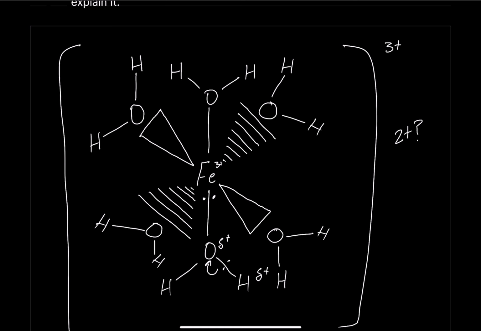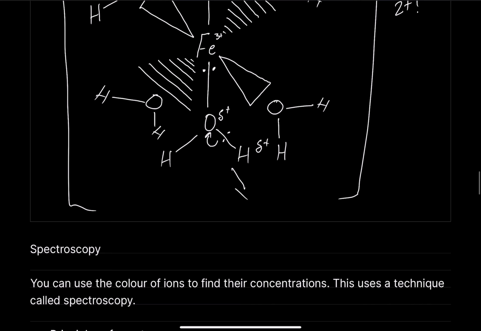And now this acts as a leaving group. So now this bond is broken, and you've formed an H+ in solution. And that would have just been now an OH- bond. It's now more negative.